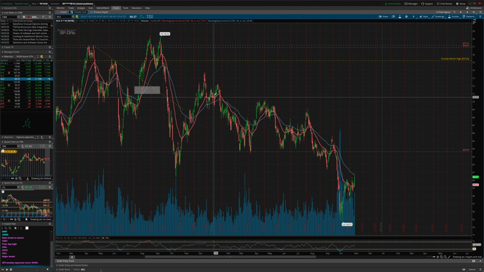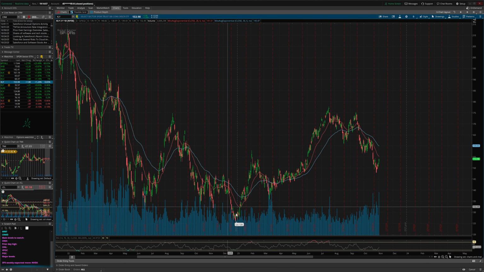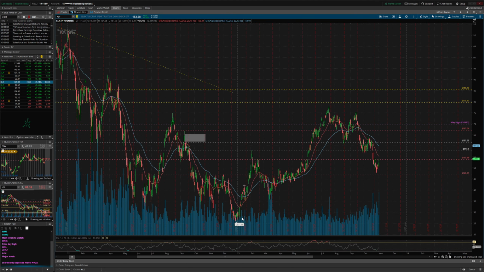Utilities started off right here. They're down roughly, this is a rough estimate, 14% on the year. Discretionary, where are you at? Discretionary started off right here. They're up on the year. This is mostly driven by Tesla. 19% up on the year.